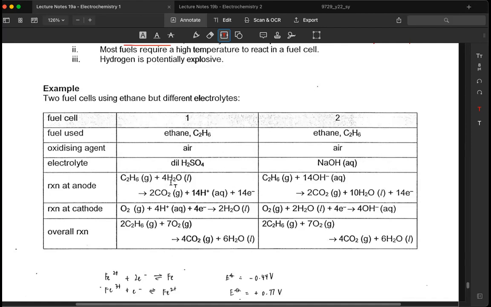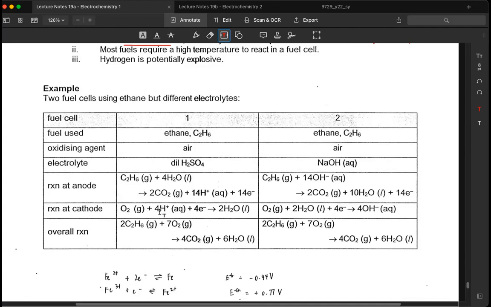So C2H6 plus water forms CO2, H plus, and electrons. It's an oxidation. Then at the cathode, you have oxygen reacting with H plus, reduced to form water. Just combine these two together, you get this.